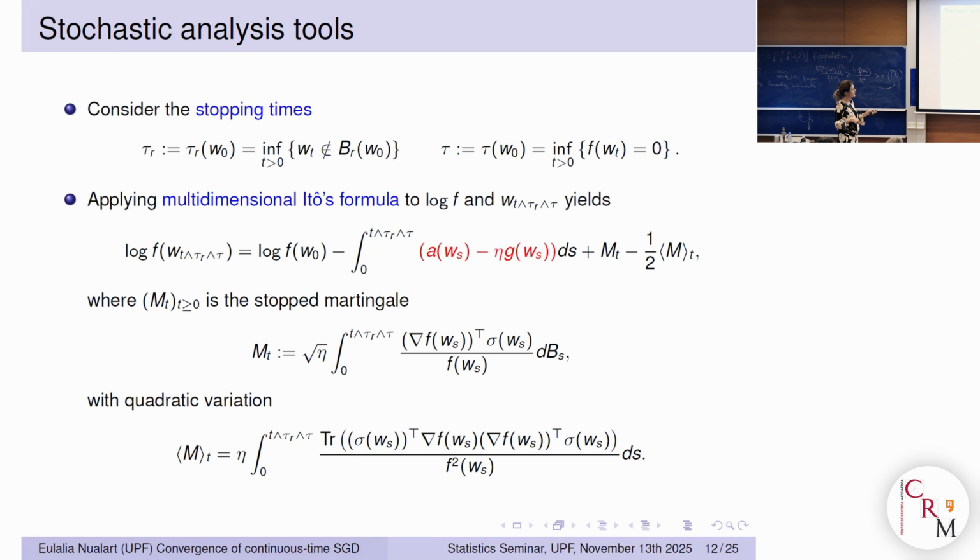So we consider two stopping times. The first is the first exit time of the ball. And the second is, if in finite time we attain 0, then we're done, because 0 is the minimum. So we are only concerned with attaining the minimum at infinity. So we stop the process either when we exit the ball or when we reach the minimum in finite time.